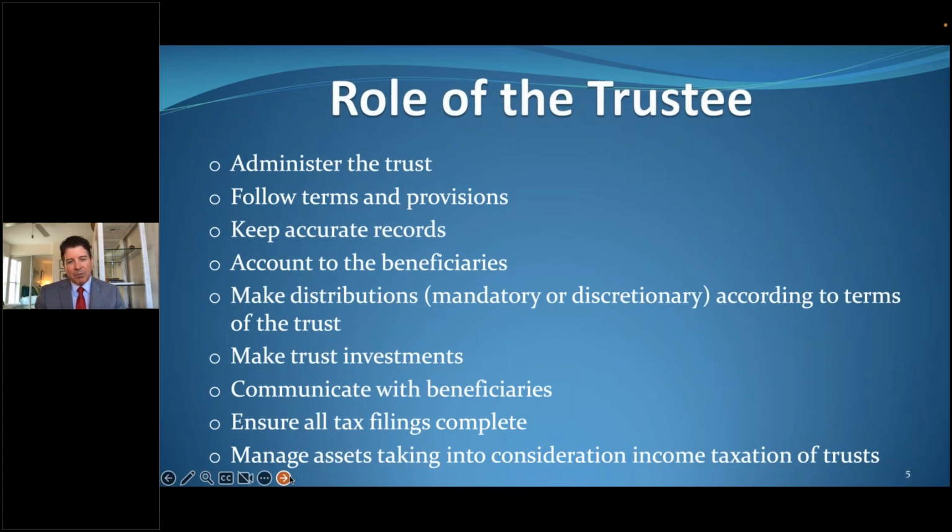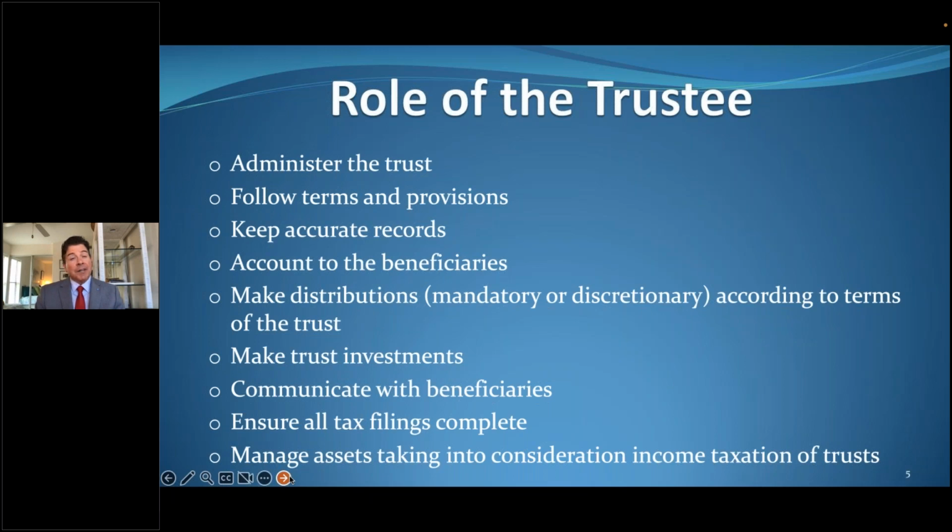Now, I'm going to stop very briefly, and I'm going to be redundant intentionally about some of these things so we can learn. How many of you would believe it if I told you that many trustees do not even read the trusts? Well, it's true. I hate to say.